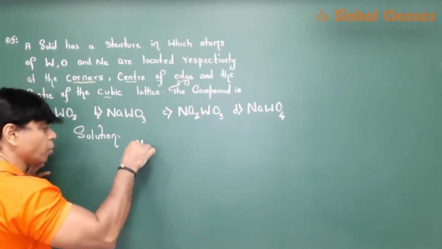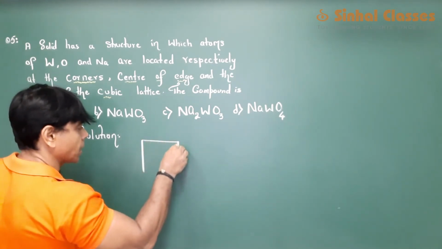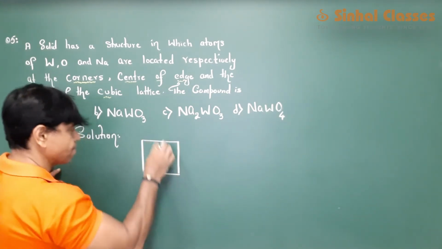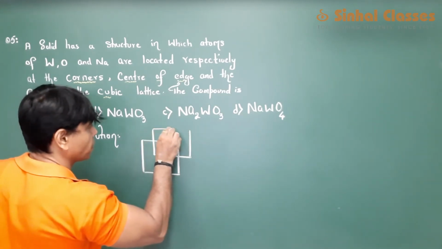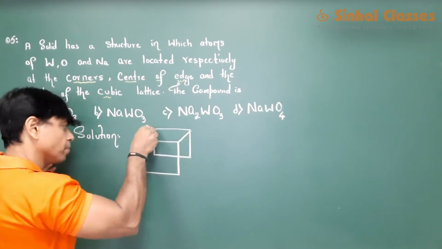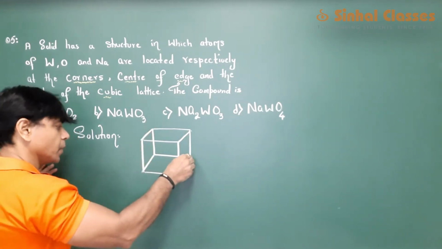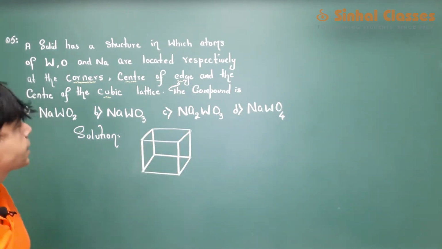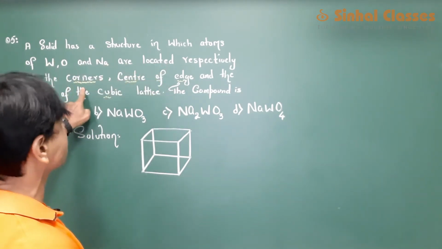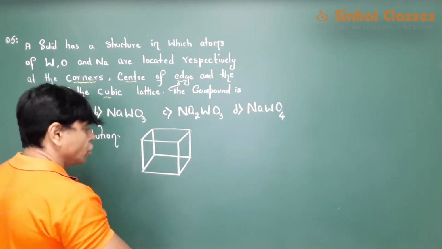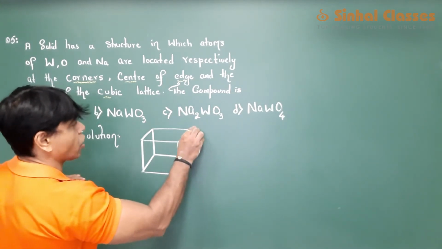Now this is a cube. Now what they say, tungstens are located at the corners. Okay, so this is the corner.